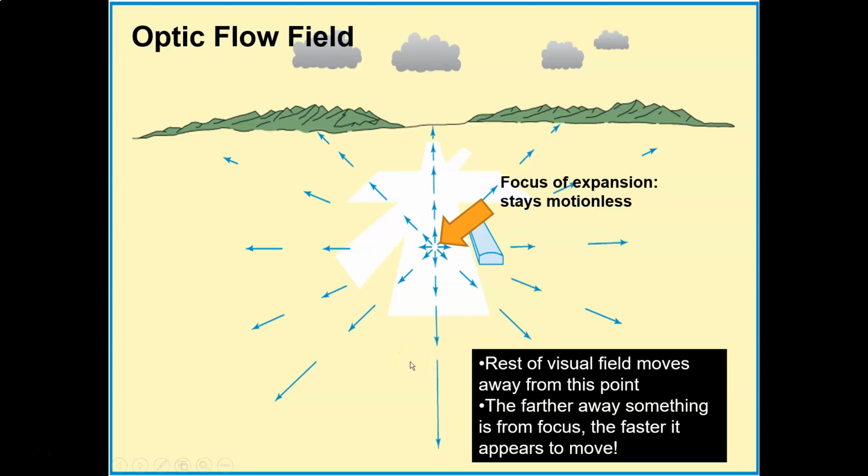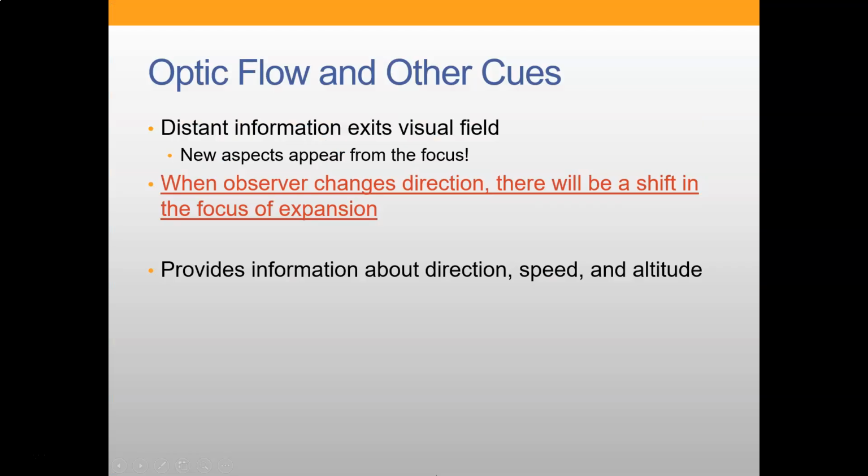Additionally, the farther away that something is from the focus, the faster it appears to move. So notice that things that are a little bit closer to the focus move very, very slowly. Things that are farther away from the focus, like this part of the field, are going to move much more quickly. So generally, distant information is going to exit the visual field and new information is going to radiate out from that focus.